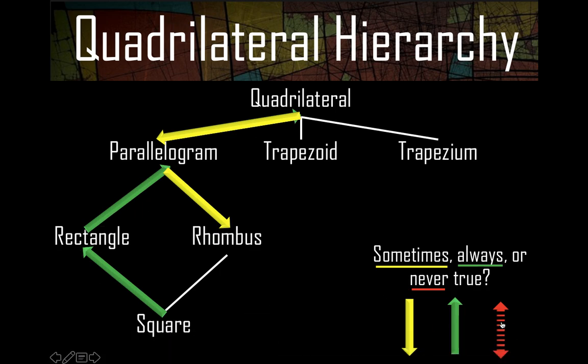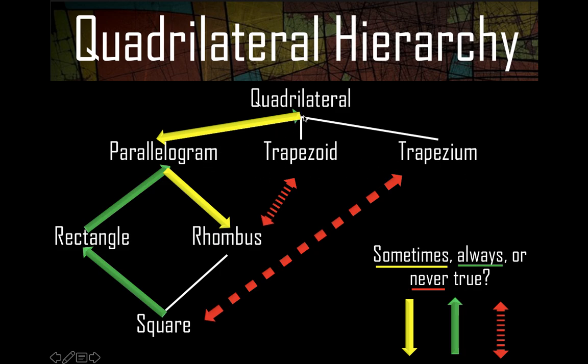Now we're going to look at things that are never true. So a square is never a trapezium, and a trapezium is never a square. A rhombus is never a trapezoid, and a trapezoid is never a rhombus. Okay, so these 3, parallelogram, trapezoid, and trapezium, don't really cross boundaries at all.